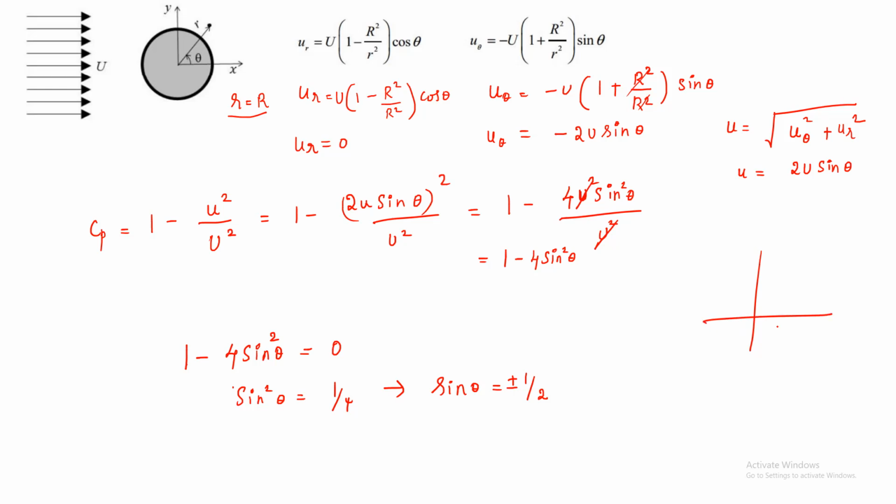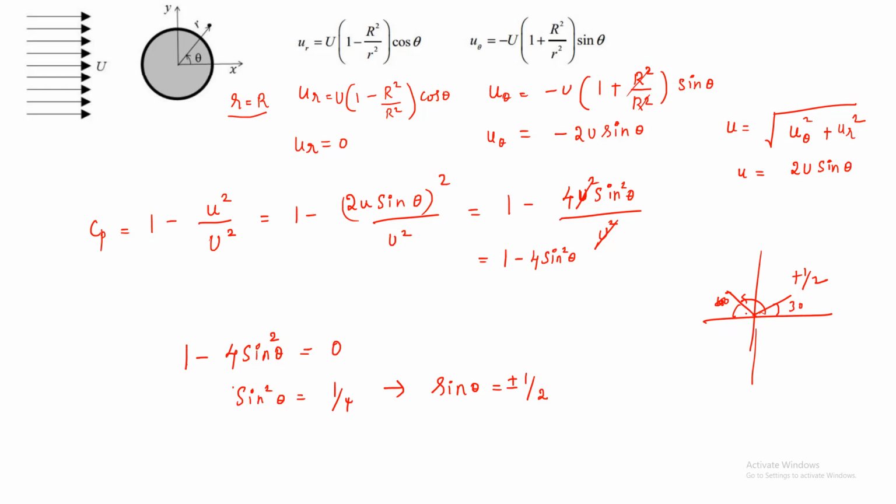Now we have 4 quadrants, so at 4 different locations we will have a plus or minus: at 30 degrees we get plus half, and at 150 degrees, we get plus half as well.